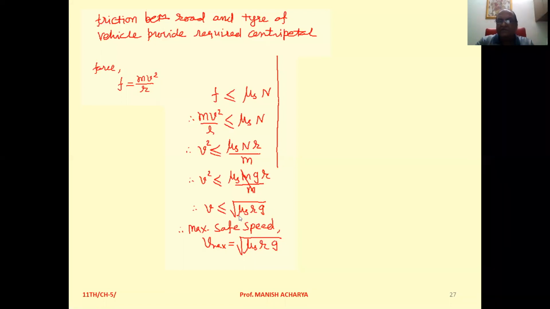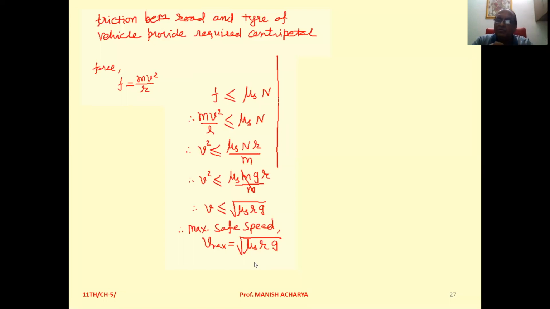But here, a very important thing that you can observe in this equation of maximum safe speed is that the mass of the vehicle is not appearing. It implies that for the given horizontal curved path, the maximum safe speed for each and every vehicle is the same.